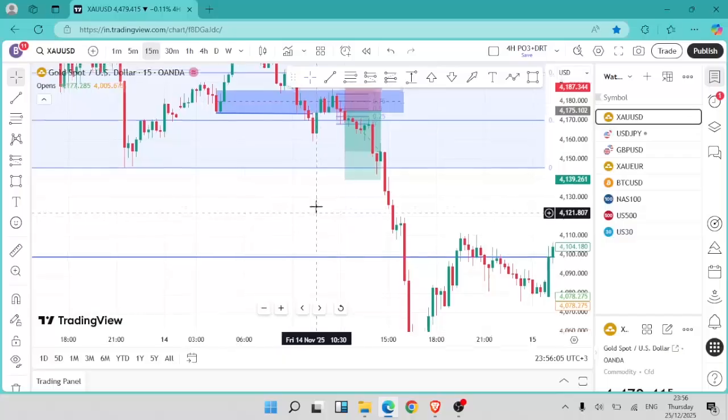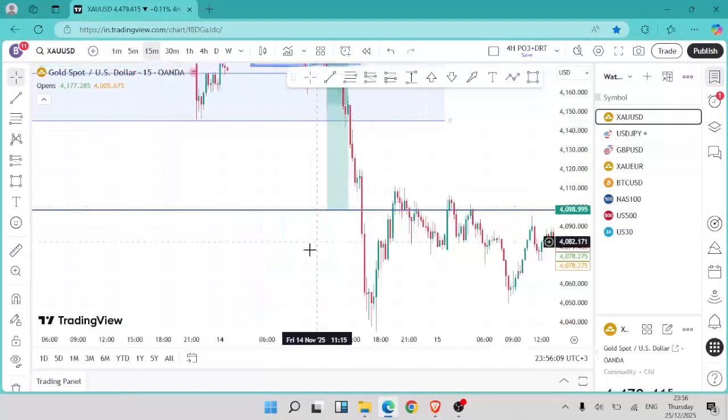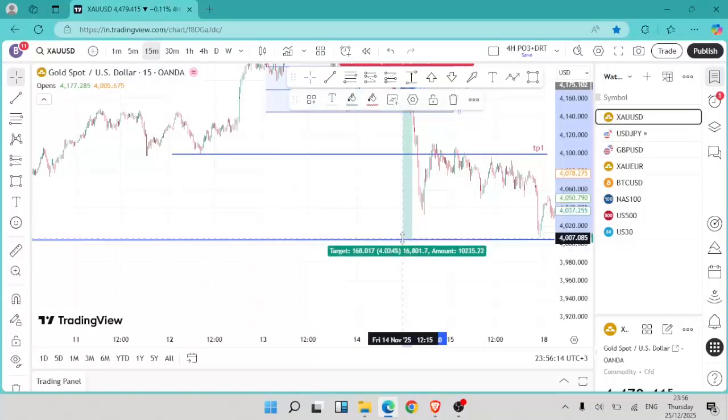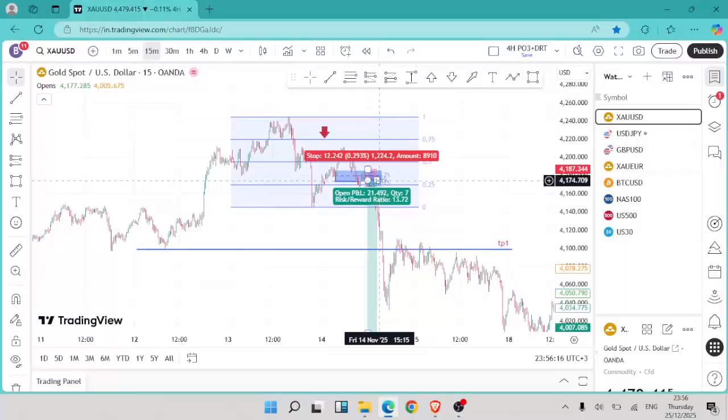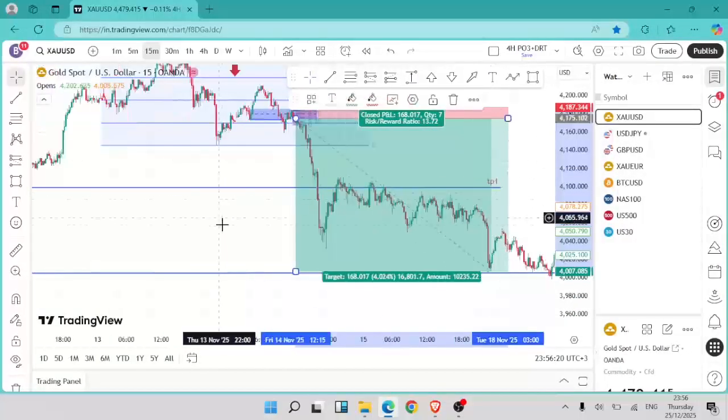And now again, we are targeting the same targets as before, this TP1 and also TP2 below, or take profit number 2 at this level, right? And you can see that is how price behaved again.